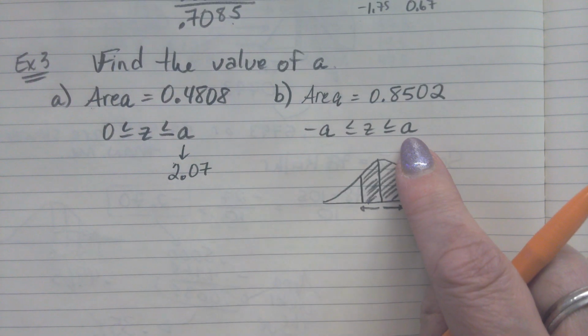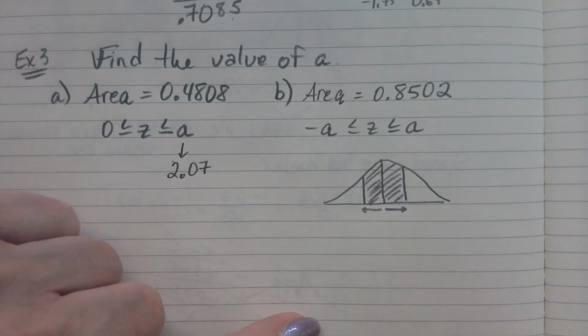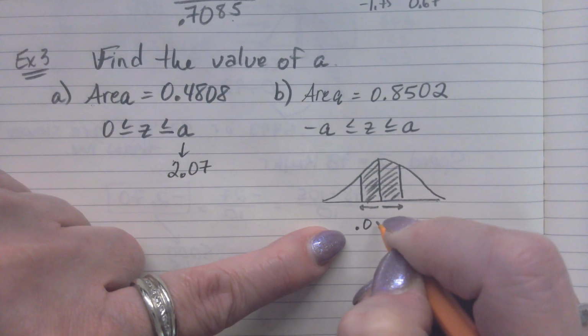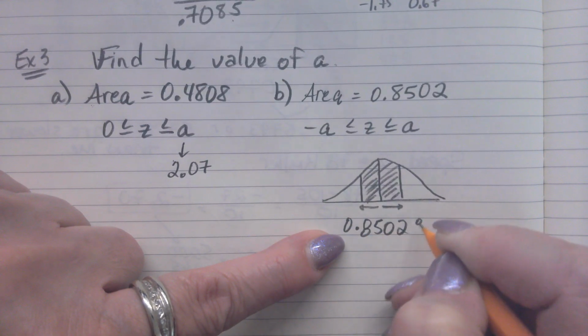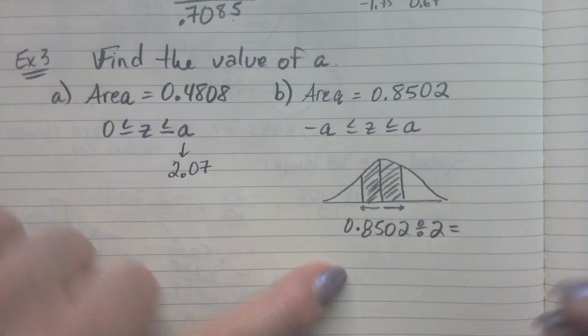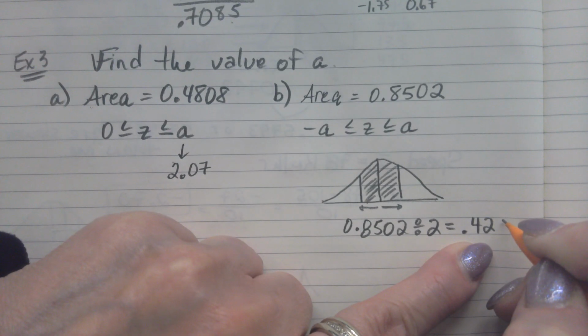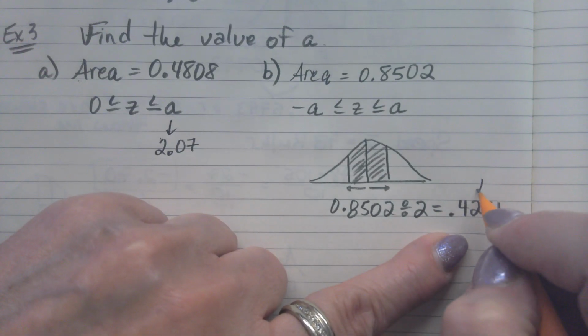One is not an A and one is not a B, and they won't give you anything other than that. So we're going to take this 0.8502 and divide it in half. What do we get? 0.4251. So that is what we're going to be looking up in the chart.